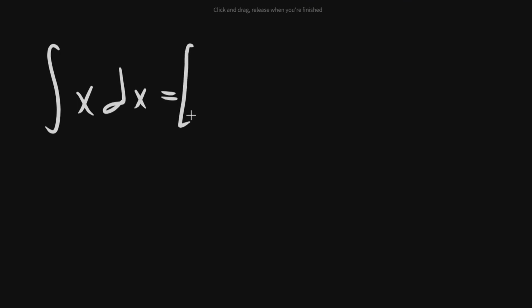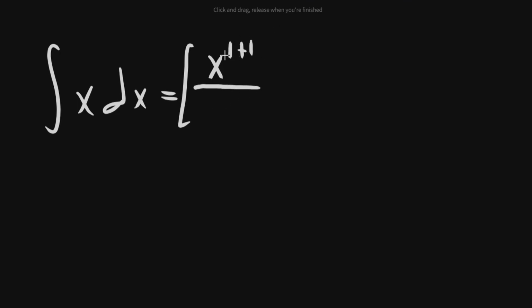Our first example would be the integral of x dx. As you can see, here in the dx, there is an x. Therefore, we should only integrate the x part, which is here. So integrate using the power rule. Here we have a 1 exponent plus 1.